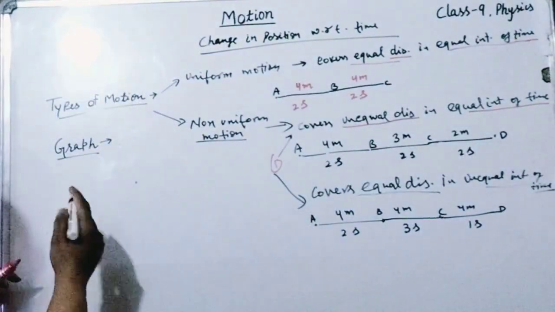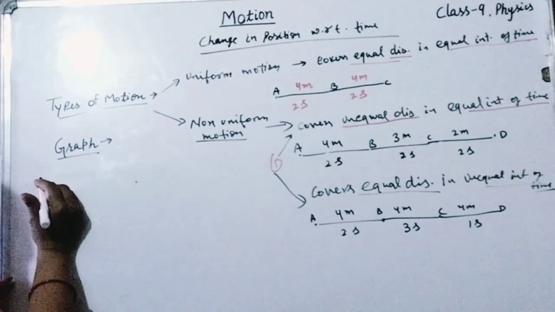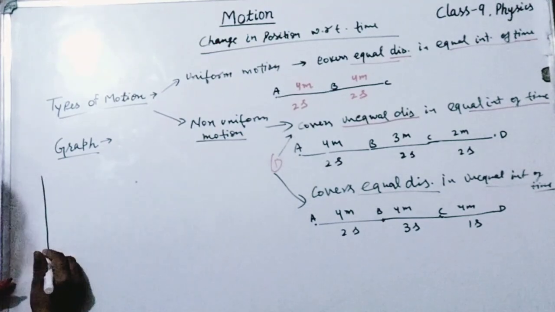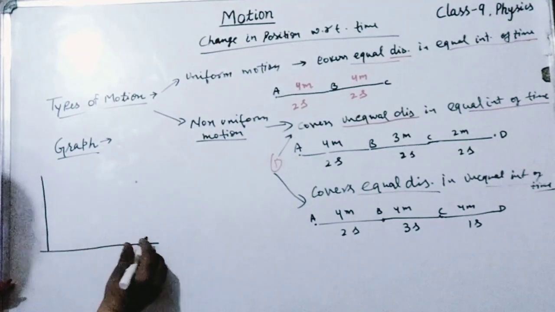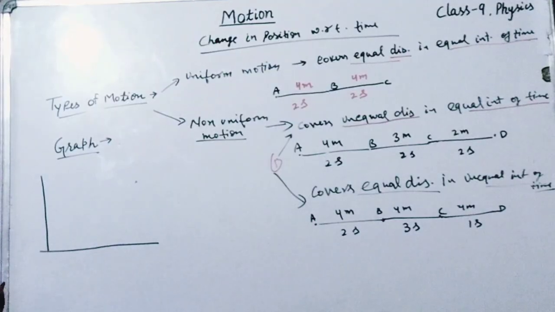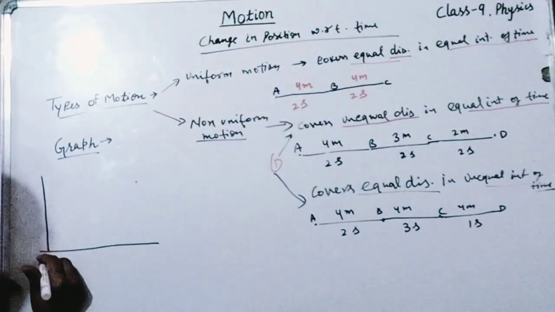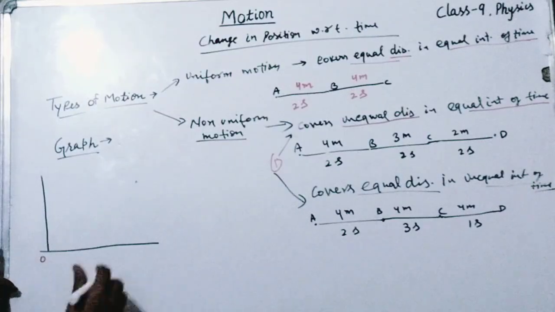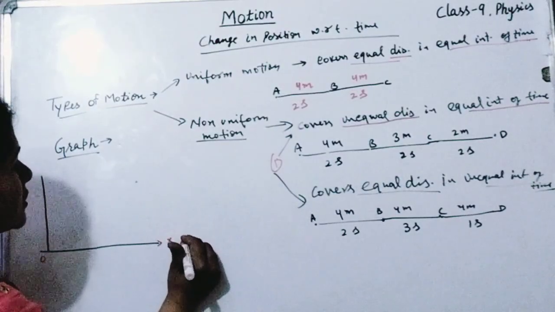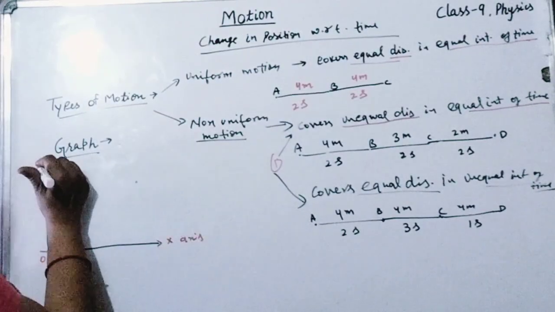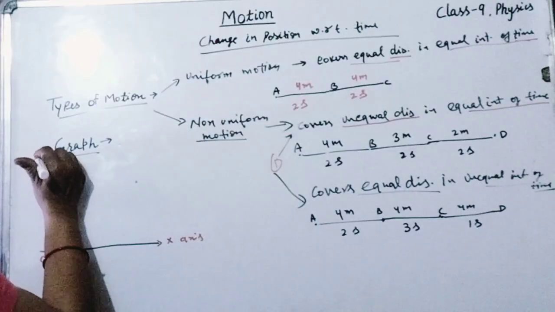So let's start. This is the y-axis and this is the x-axis. Plot the numbers like this: 2 seconds and 4 seconds. This is point 0.